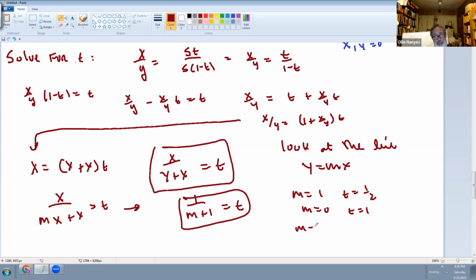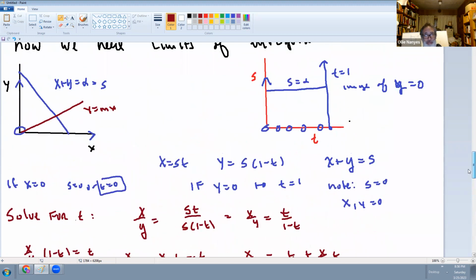And as m goes to infinity, t approaches 0. As m goes to infinity, t goes to 0, and we see that already.